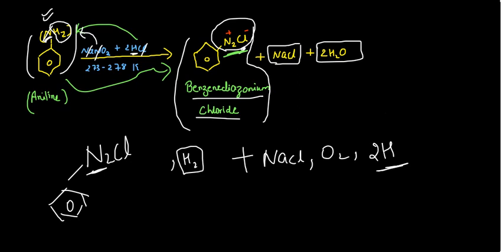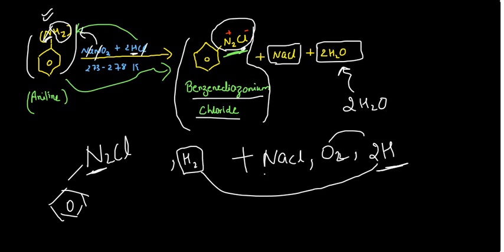Now let's think very carefully. In combination, we have four hydrogen and O2, which is going to form 2H2O. And yes, exactly, that's what we have formed here. So now every product is stable. NaCl is stable, H2O is very stable in nature.